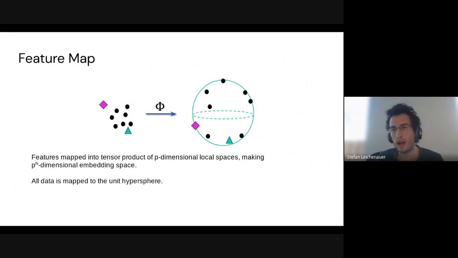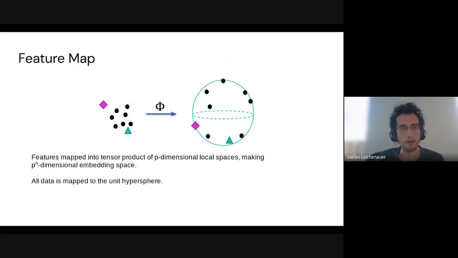Now, obviously, there are many choices to make with this feature map, and I'll describe in a little bit of detail what we chose as our feature map. But this is one of those things where different choices of feature map could lead to different results, and it's an area of exploration. I won't say too much more about that.